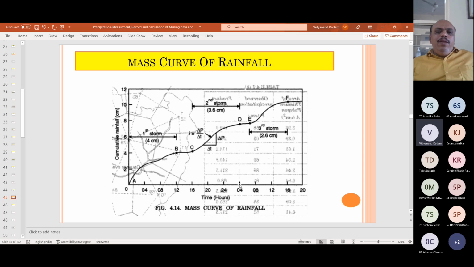If we divide the total precipitation by the total time required for the rainfall, we get the intensity of rainfall, which is expressed in centimeter per hour.